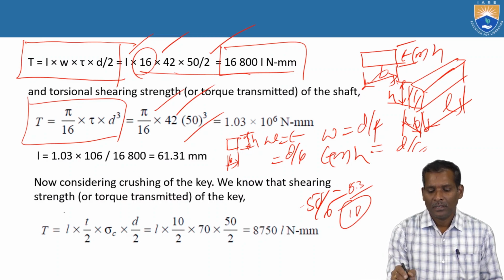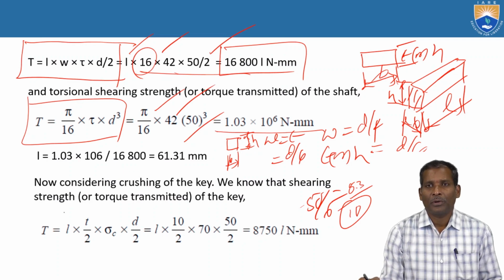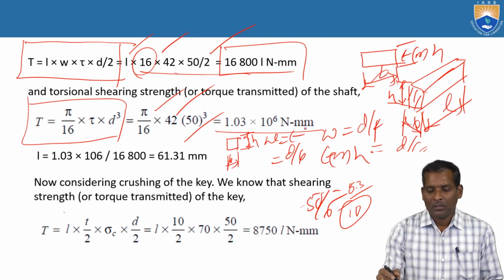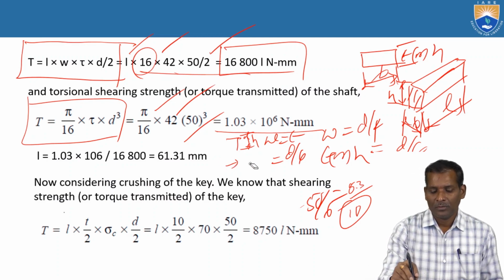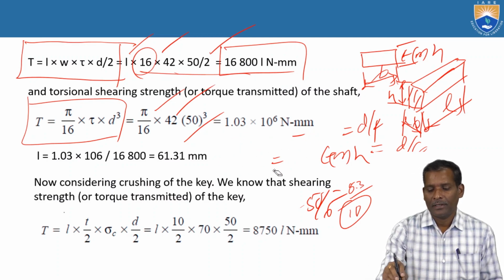So the obtained torque is 1.03 into 10 to the power of 6 Newton mm. Now this torque value equates with this 16,800 L Newton mm. So now calculate L.